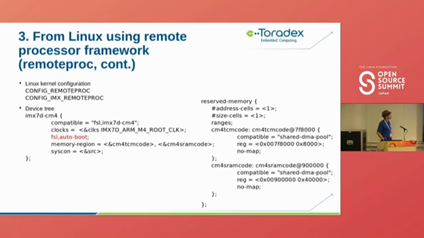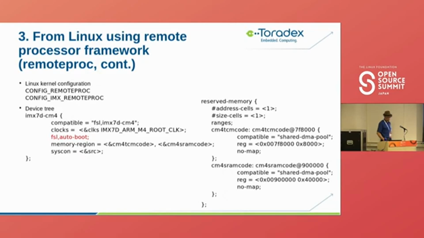This is the root clock of your M4 core. There is also a special property called fsl,auto-boot that would basically boot your M4 core via Remoteproc immediately when you boot Linux. Then you can give it some memory regions, for example, for your code and for the SRAM.